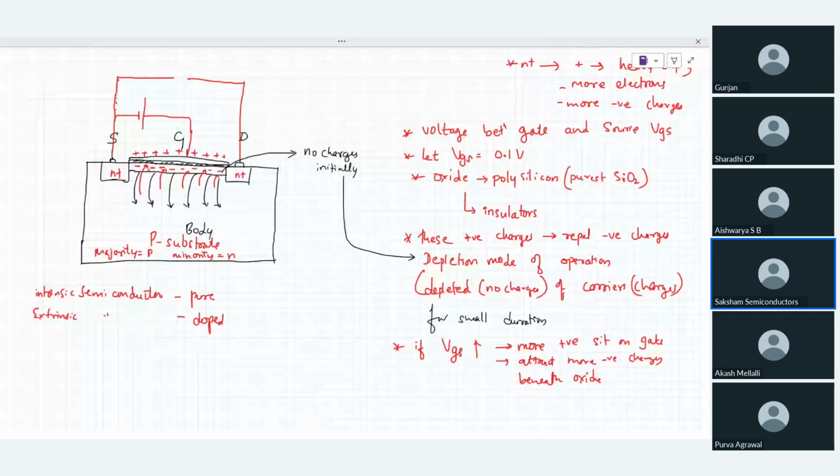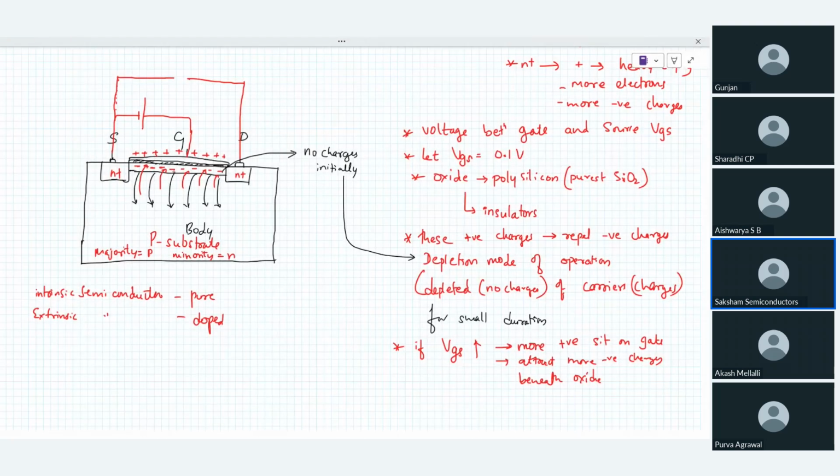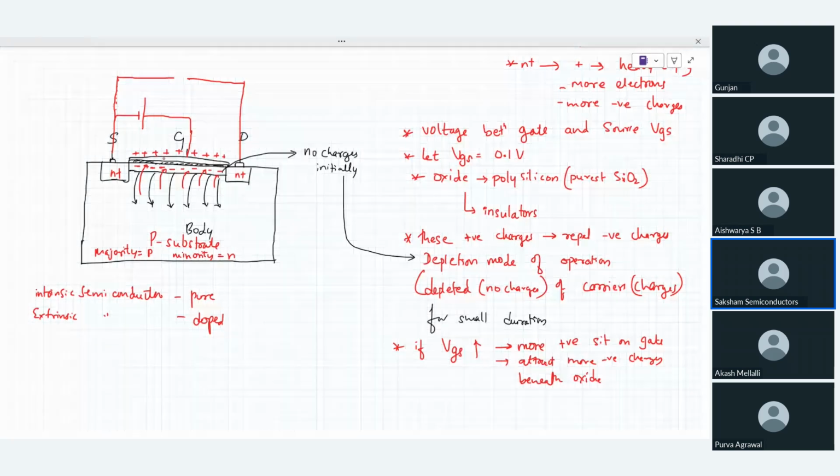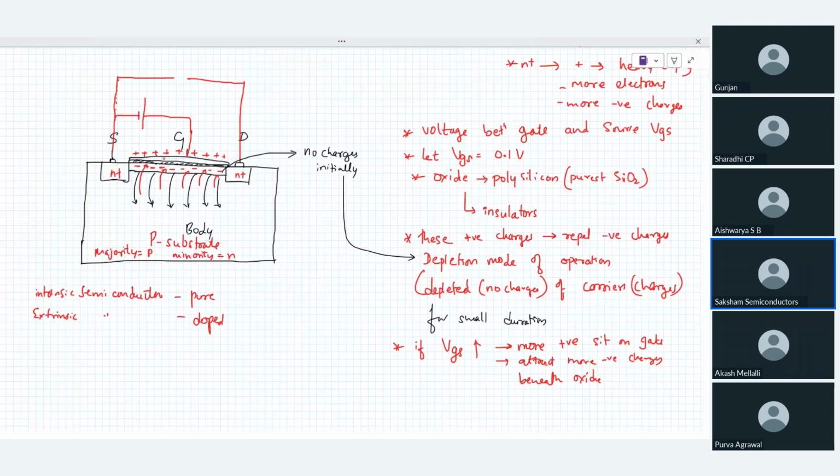Now, this is basically the benchmark in the creation of what is known as a channel. And why do we call it a channel? Channel is the name given to what is going to link the source and drain together, something like this. And that is the reason why we call it a channel, right? So when this happens, we say that the entire MOSFET now has the channel created.